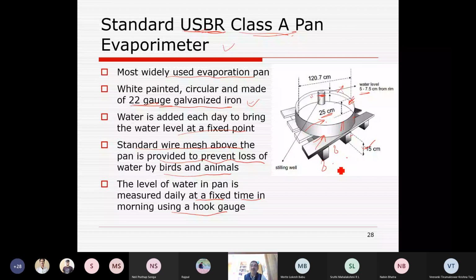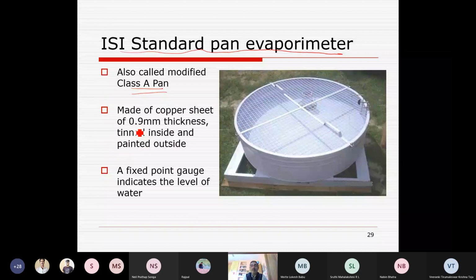Second is the ISI standard pan evaporimeter for India. It is also called Class A pan. This is made of 0.9 mm thickness copper sheet. This is copper sheet, tinned inside, and outside it is painted white basically. A fixed point gauge here you can see indicates the level of water we are measuring, and every day water is added.